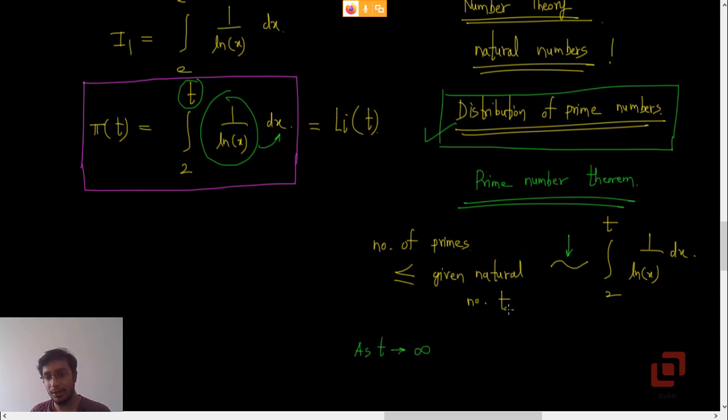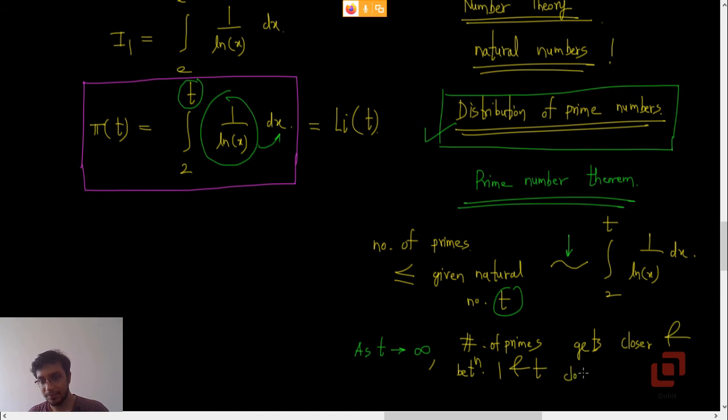So if you go on putting larger and larger natural numbers here, you can say that the number of primes between 1 and t gets closer and closer to the value of the integral Li of t.